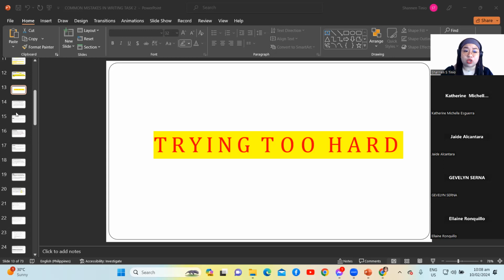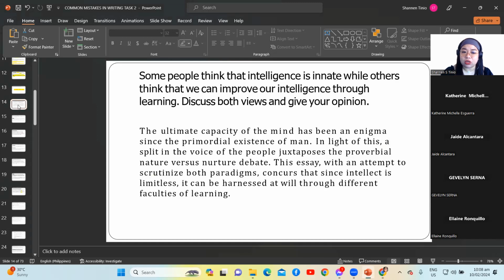Ibig sabihin nito, sa writing area, hindi mo naman kailangan gumamit ng sobrang lalalalim na English. You can just use mid-difficulty words that can actually deliver your thoughts. Make your thoughts clear. Kasi minsan, when you use really, really complex vocabulary, it looks problematic and it looks like you're trying too hard.